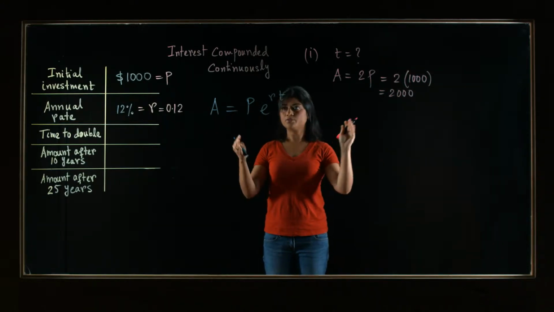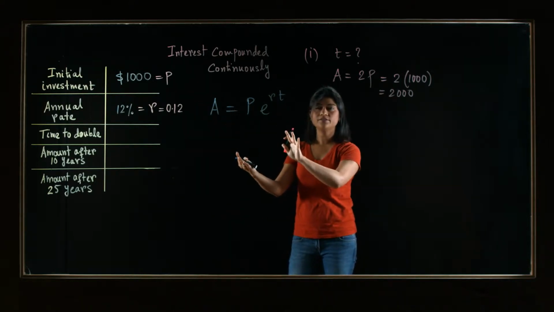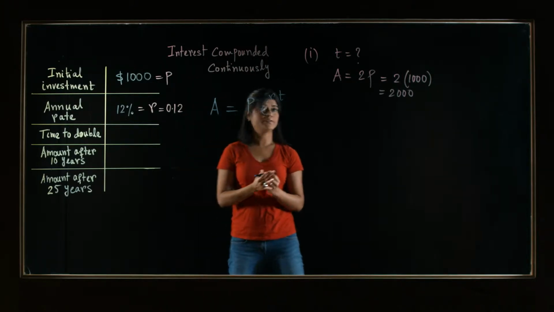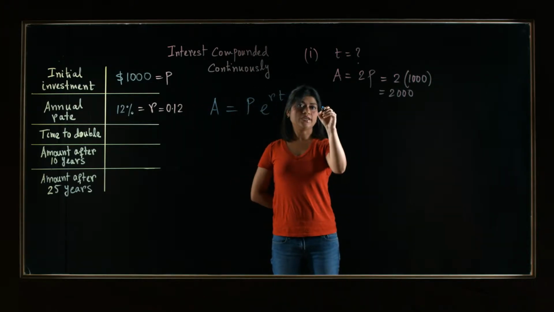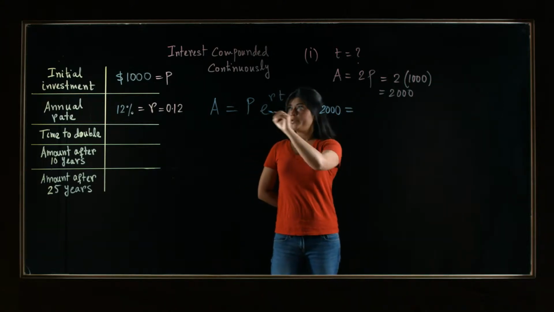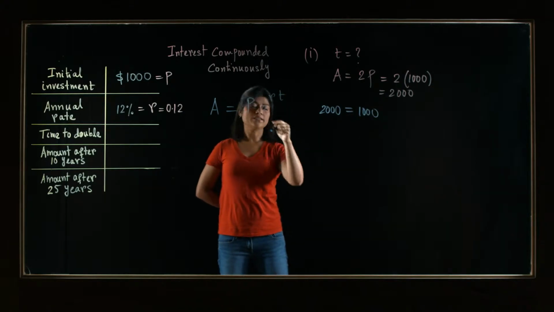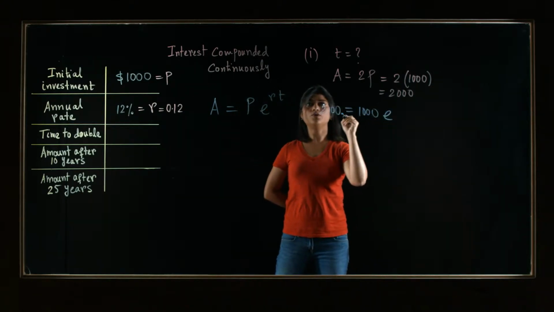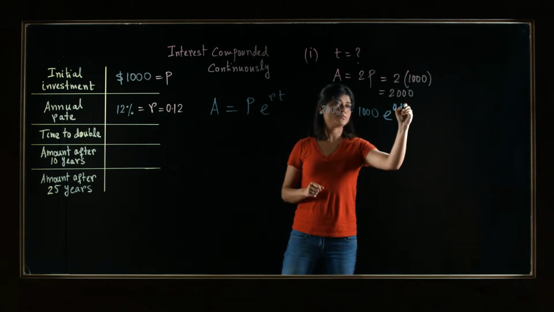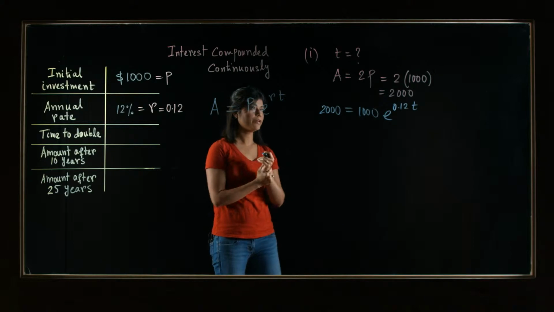So we take our equation and plug this information in and figure out what T is. See, A is 2,000, P is 1,000, so the right hand side you have 1,000 times e to the power R, which is 0.12, times T. So we have to figure out T from there.